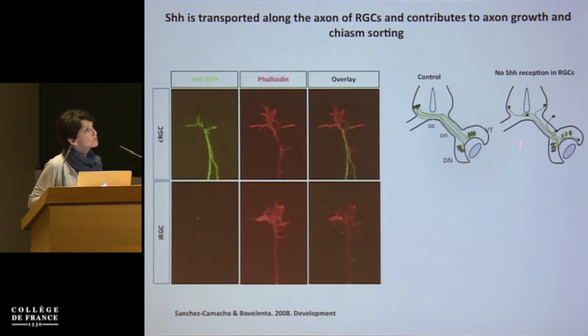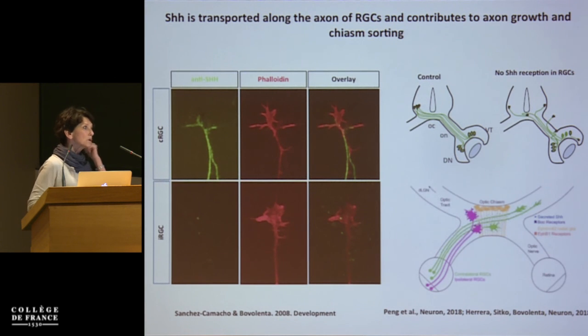Given that if we block sonic hedgehog reception in contralateral projecting axons, what happens is that growth cones grow in a disorganized way, both along the axon, enter the ipsilateral side of the brain, and disperse along this region of the ventral side.